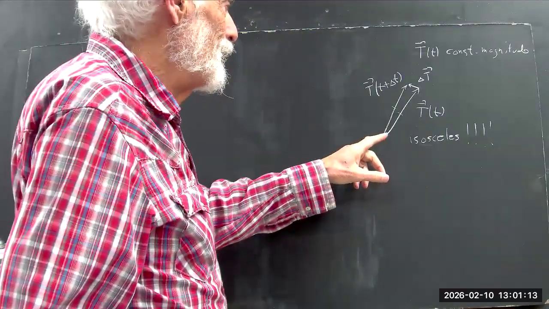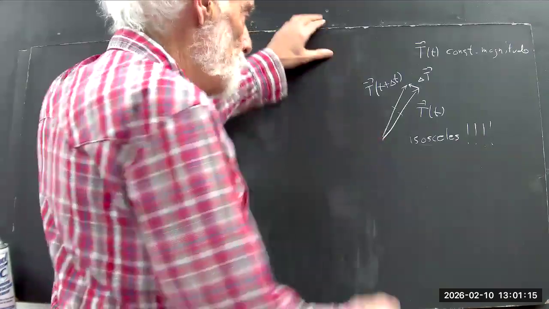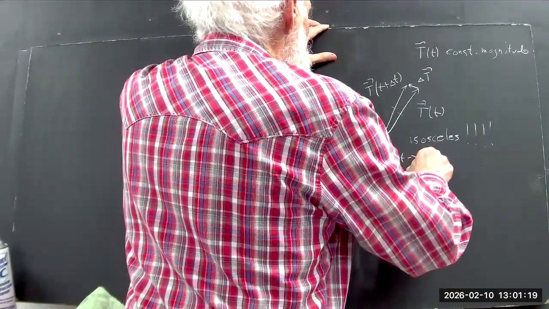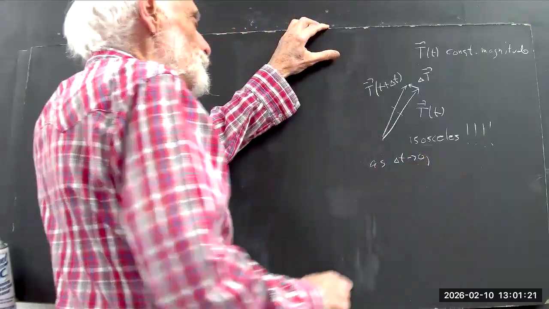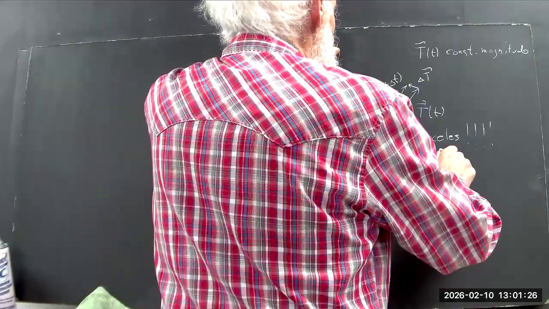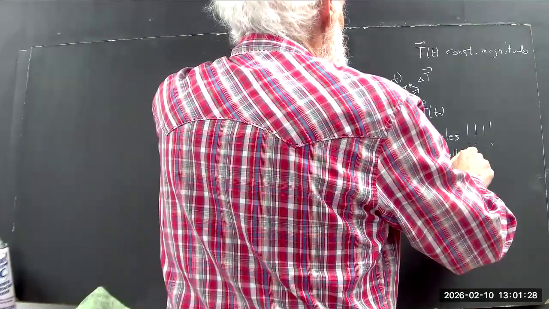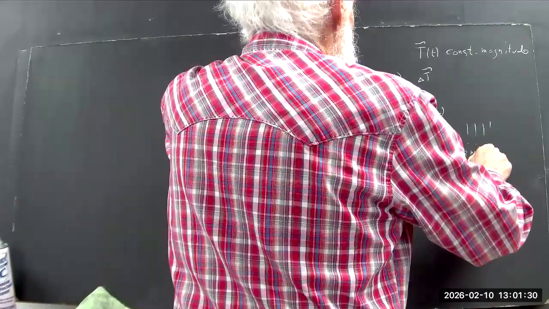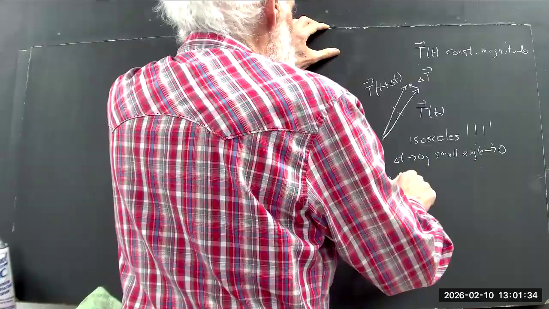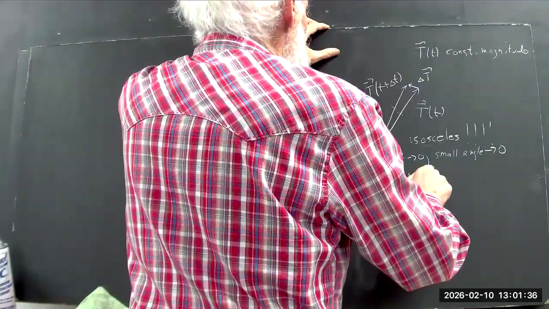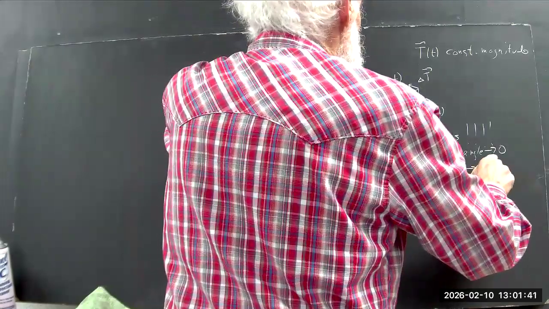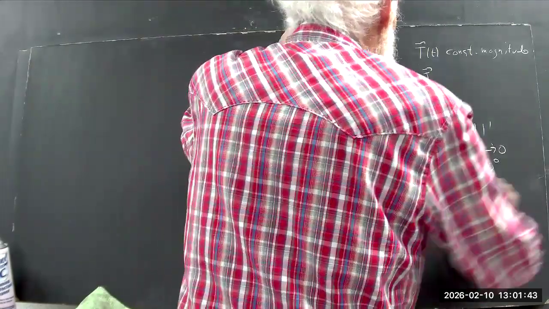What happens as delta t approaches zero? The small angle approaches zero, so the equal angles approach 90 degrees.